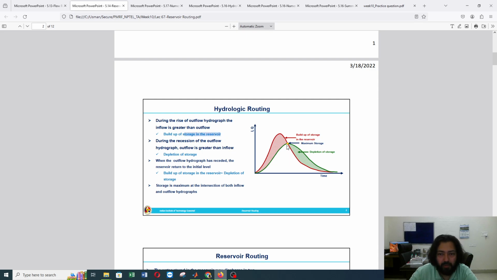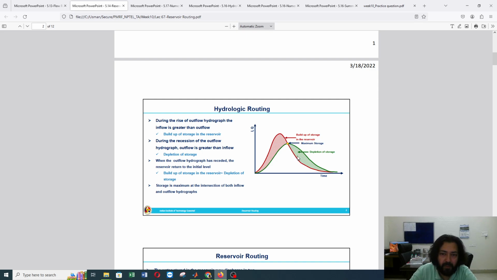Now, when we observe the recession limb, that is the falling limb of both hydrographs, we see that the falling limb of the outflow hydrograph is above, or greater than, the inflow hydrograph. And why is this? Because there is a depletion in storage. After the peak there won't be any involvement of rainfall, because it will only be a function of storage.